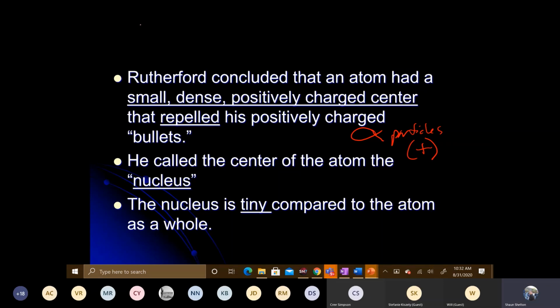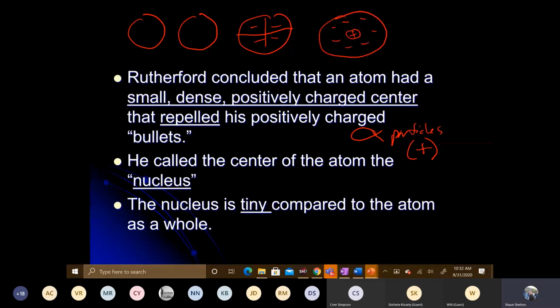So we have Democritus, we have Dalton, we have J.J. Thomson. Now we have Rutherford. So it's definitely changing. It's taking shape. It's getting close to what we see the model as it is.